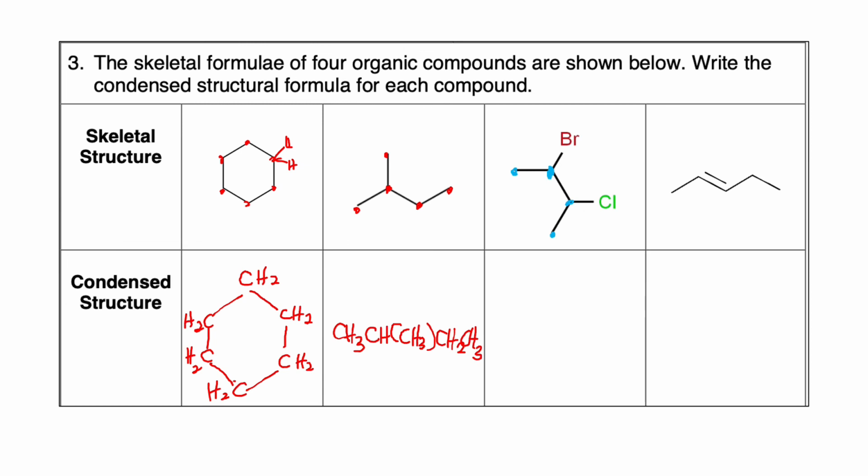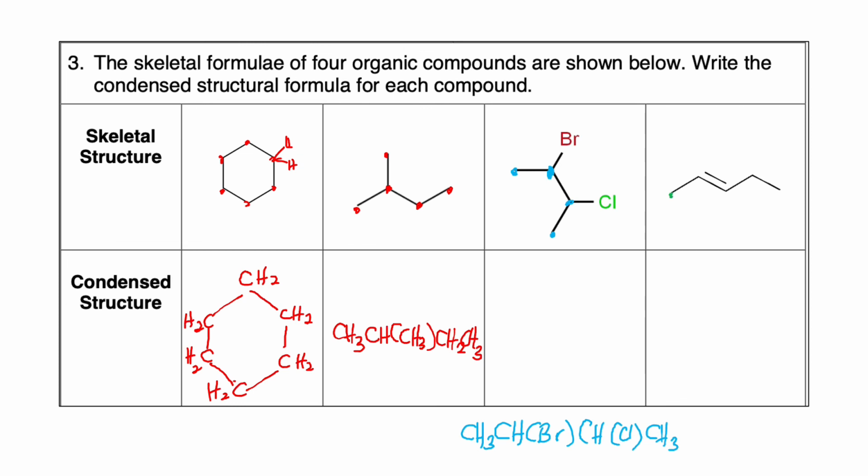Okay. Carbon number 1 we have CH3. Carbon number 2 we have CH, with Br. Carbon number 3 we have CH, with Cl. And carbon number 4, CH3. Okay, and what is number 4 here, madam? This is actually a double bond.